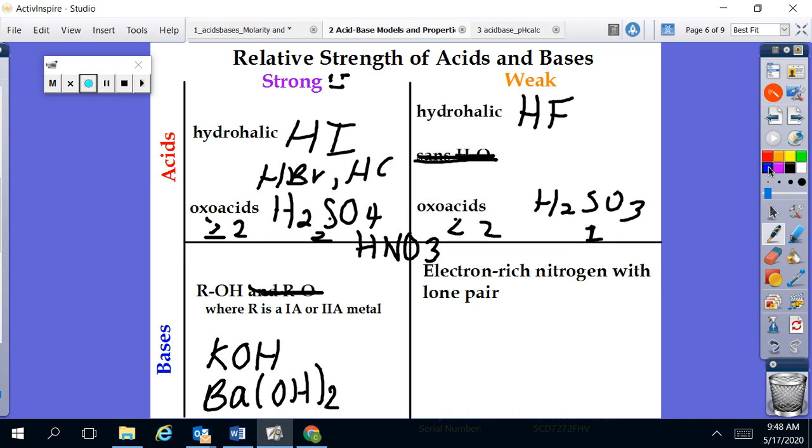Now, although this is not considered an Arrhenius base, ammonia, or NH3, is considered a weak base, a very common weak base. And then, of course, all other metals with hydroxide are weak bases. So iron is in the transition metal group, and it's not in group 1 or group 2. It's considered a weak base.